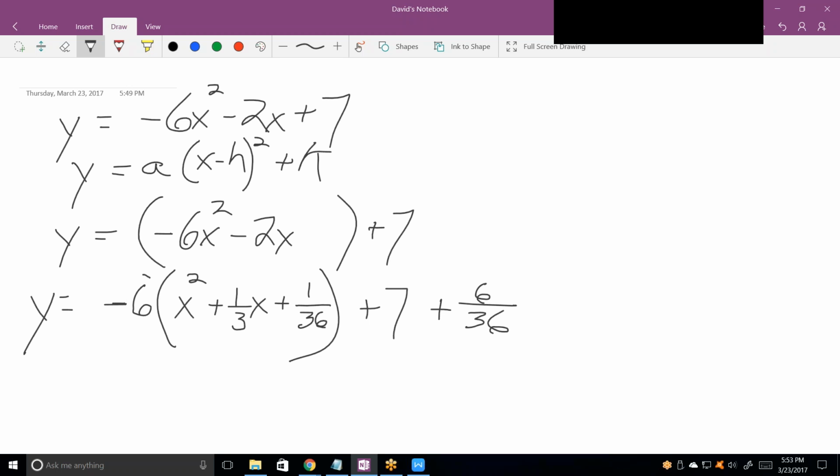It's this number times that number, which is minus 6/36. So to balance it out, I have to do the opposite. I've got to add 6/36. And I'm purposefully not simplifying that yet. I understand that 6/36 is 1/6.